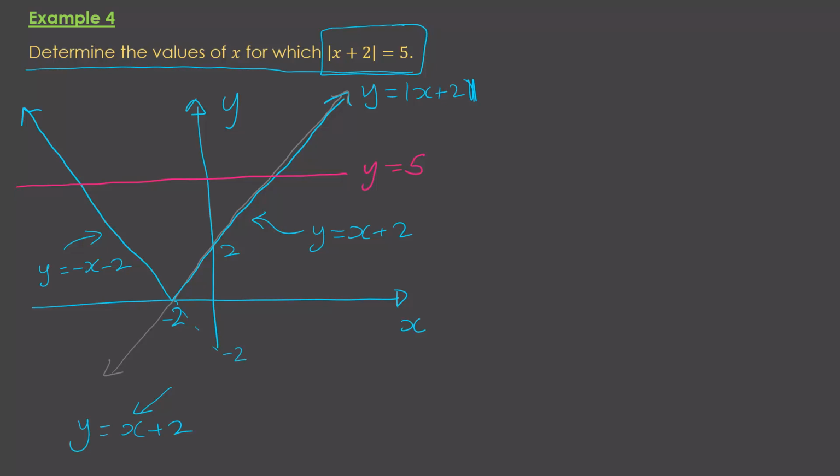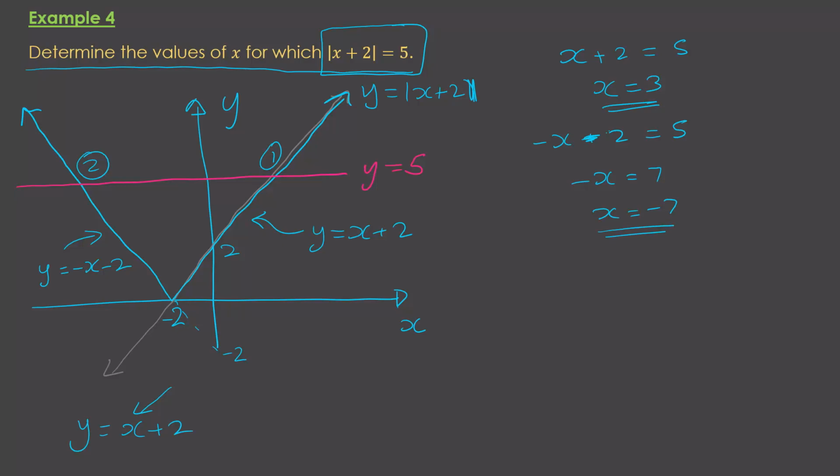So we can look at where x plus 2 is equal to 5 for that first intercept there. And we can look at where negative x take away 2 is equal to 5 for this intercept over here. So this one gives me that x is equal to 3. This one gives me negative x is equal to 7, and therefore x is equal to -7.